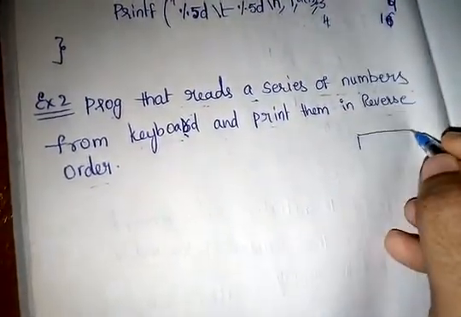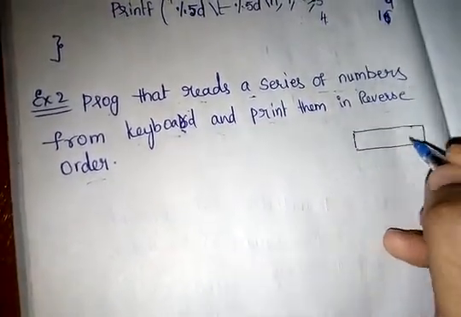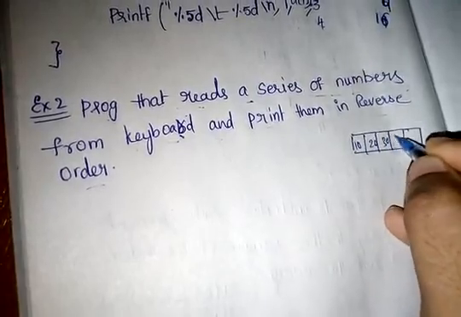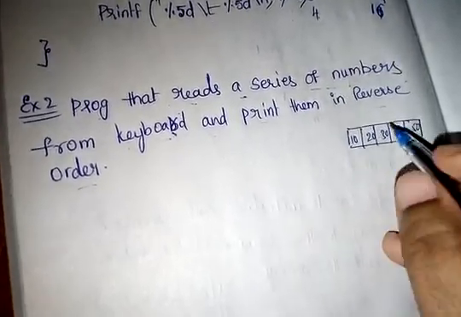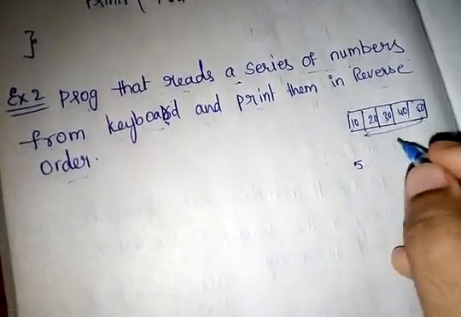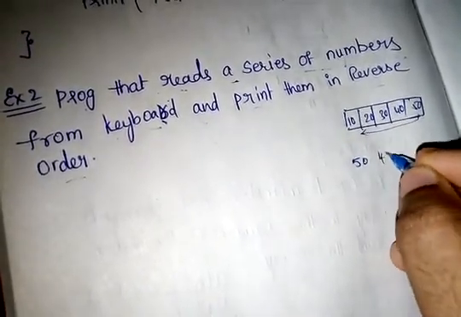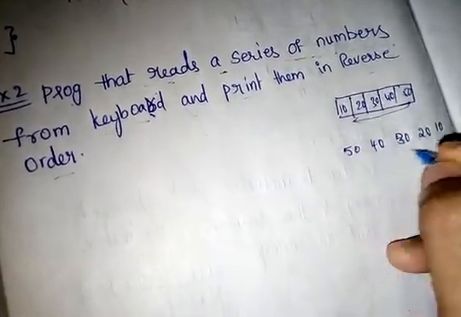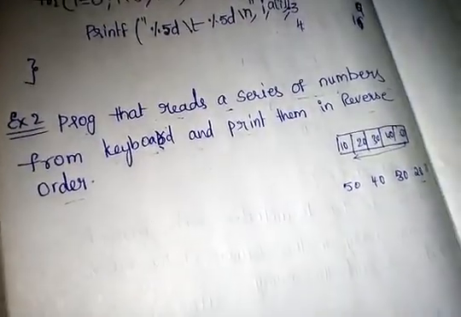If you have entered values into an array like 10, 20, 30, 40 and 50, while you print the elements you need to print from the reverse. The last element should be printed first and then the next.